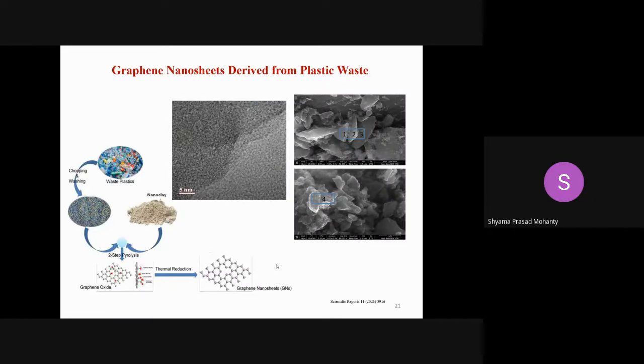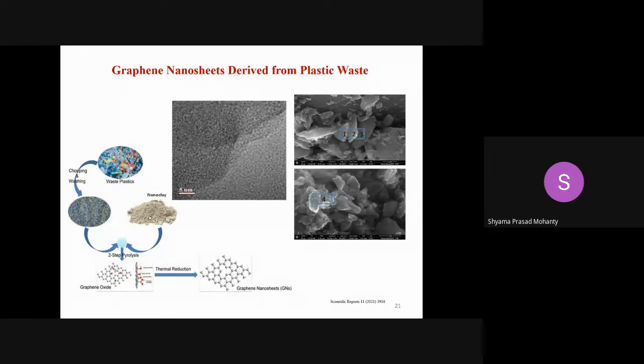So we discussed carbon nanotubes, we discussed porous carbon, we discussed carbon nanodots. Now moving on to graphene. Plastic waste was processed by two-step pyrolysis, utilizing nano clay along with the plastic waste. First it was pyrolyzed at about 450, then around 850 to 900 degrees.